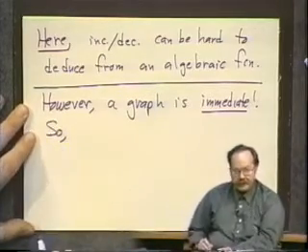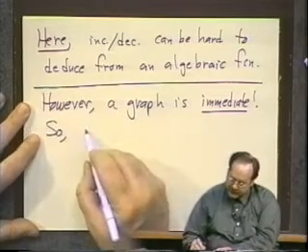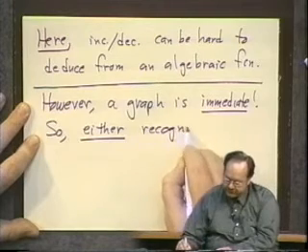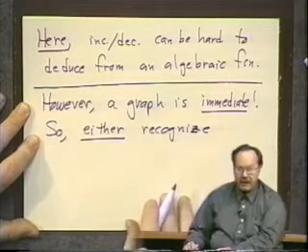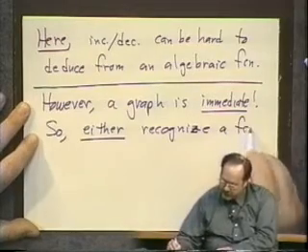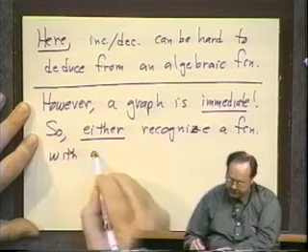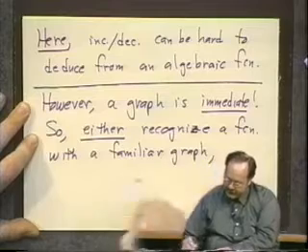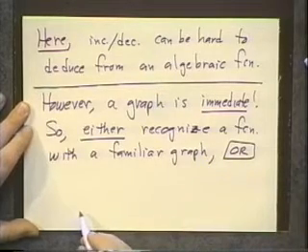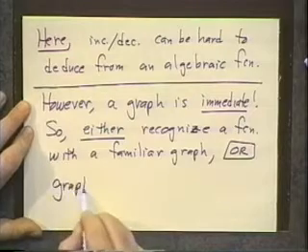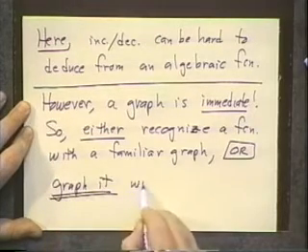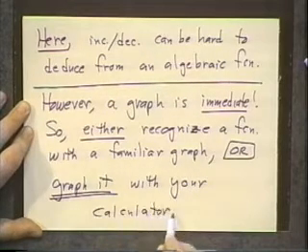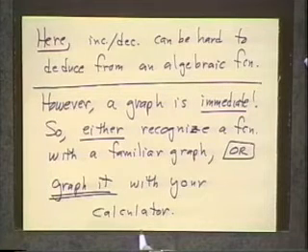So what you do is you either recognize, now there'll be some graphs that you've memorized, so you're going to recognize a function with a familiar graph, and then you can tell something about whether it's increasing or decreasing, or if it's not a function that you have any idea about, graph it with your calculator. And I mean your graphing calculator, of course. And we'll do some of that before this unit is out.